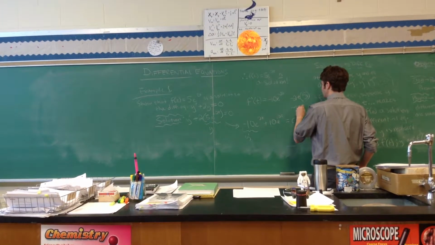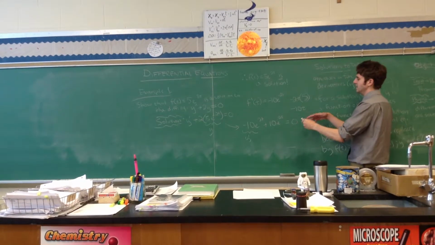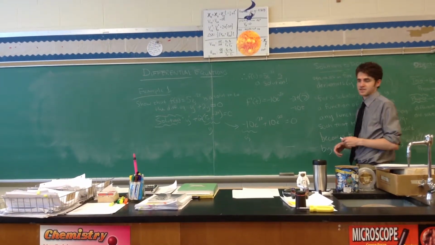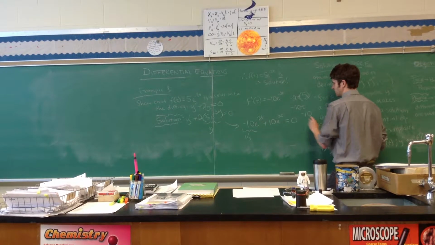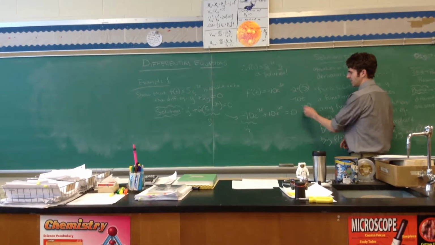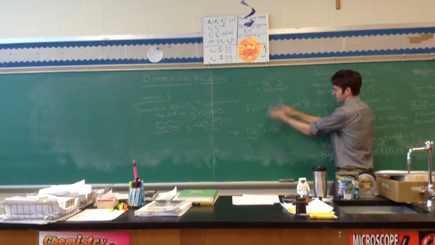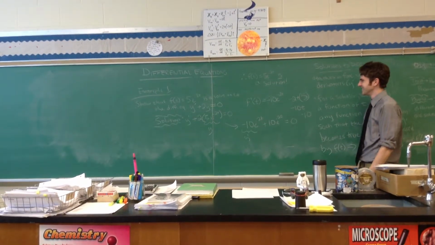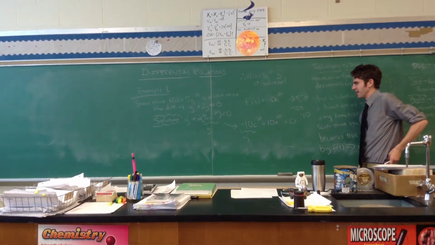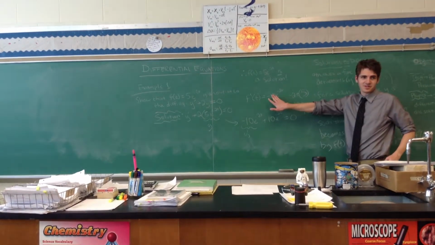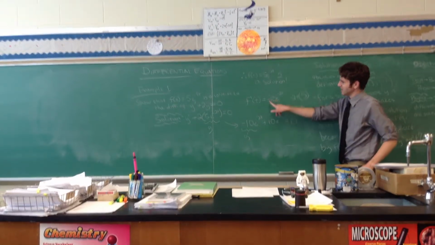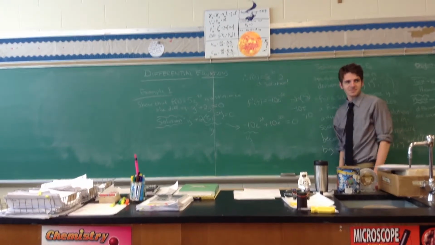We have negative 10t, and then we take the derivative of this with respect to t. You would just get negative 10. And that's what we see here. Like I said, you've used it, and then you put it back. So that's why the t goes away. That's why there's no t, because you're bringing it down, taking the derivative of that, and putting it back.